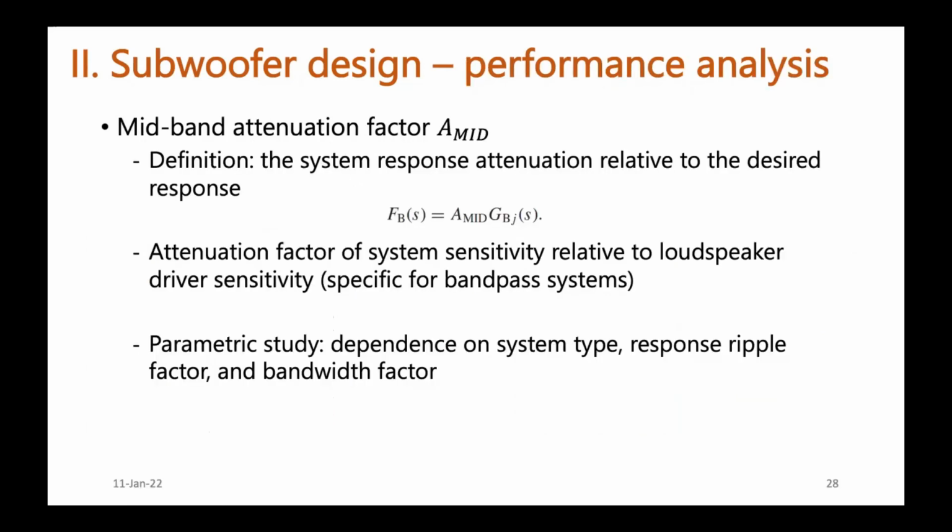And the first performance parameter is the AMID. It is defined as the system response attenuation relative to the desired response. We remember that when we align the 2 responses, they can differ by a constant factor, AMID. It's important because this factor is specific to the bandpass subwoofer. For a direct closed box or vented box system, AMID always equals 1.